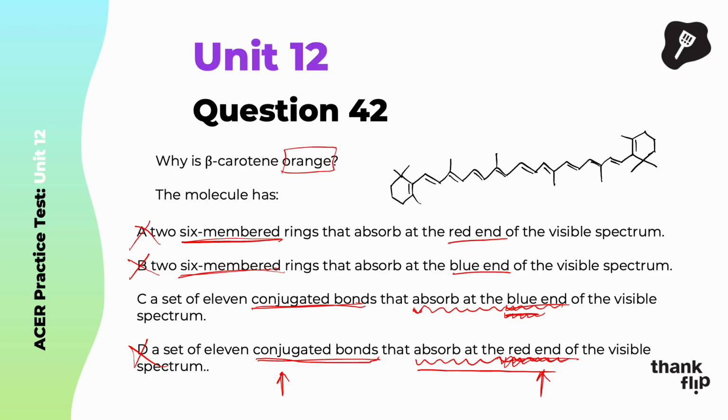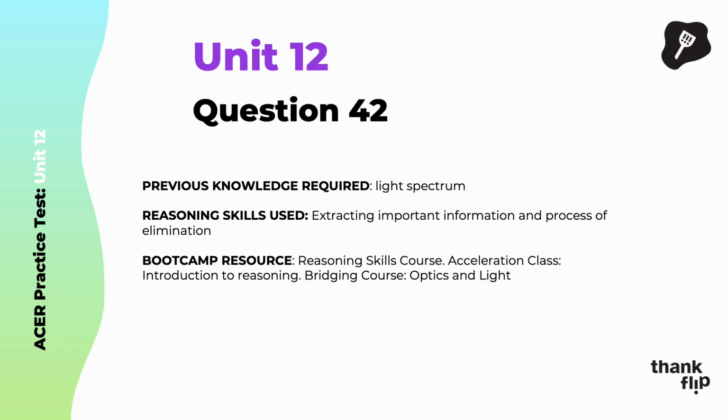If you knew that, you'd be able to circle C almost immediately without eliminating D. But even if you didn't know that, you can still eliminate D using the reasoning that I provided just now.